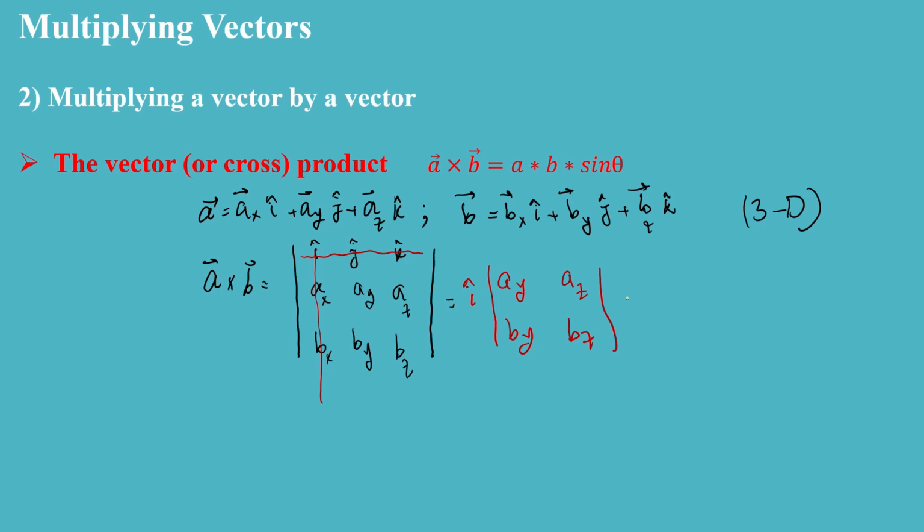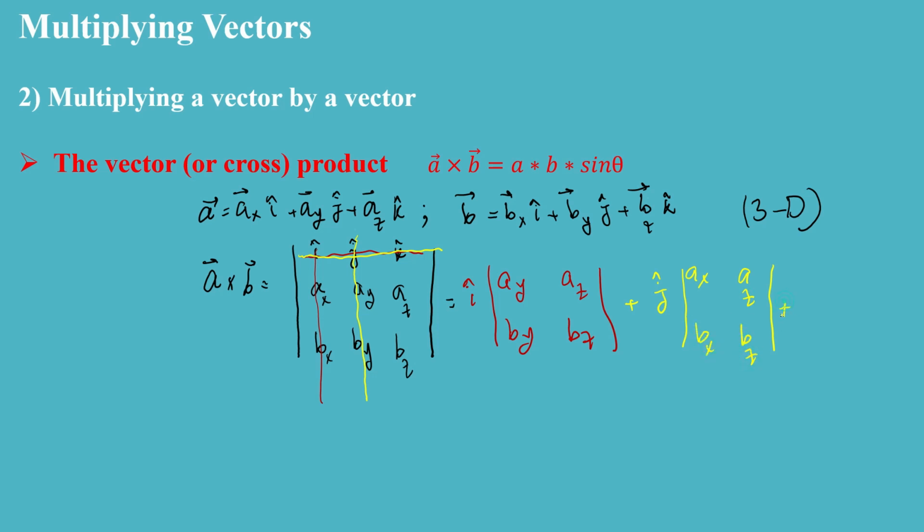And then for the second one, which is j, I'm going to eliminate the first row again, but this time I'm going to eliminate the second column. So that means I have ax, az, bx, bz.